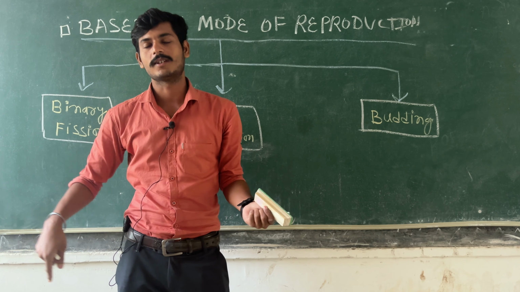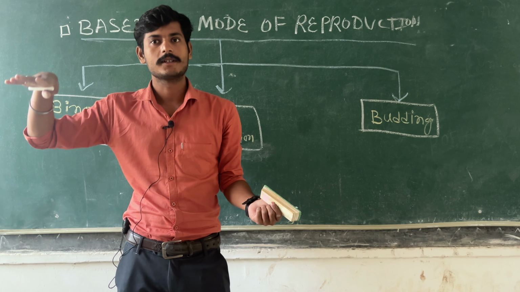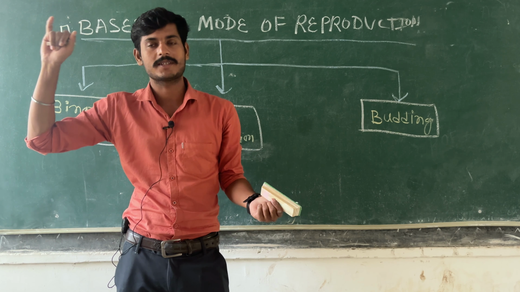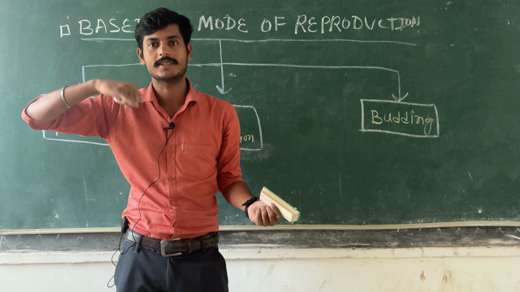Among sexual and asexual, which style do we humans prefer? Sexual. What is the main characteristic of sexual reproduction which is not present in asexual reproduction?